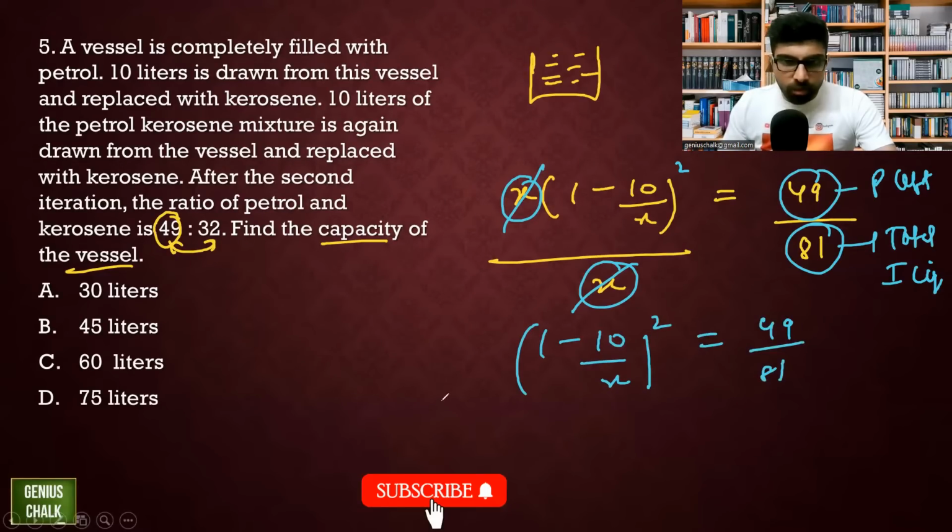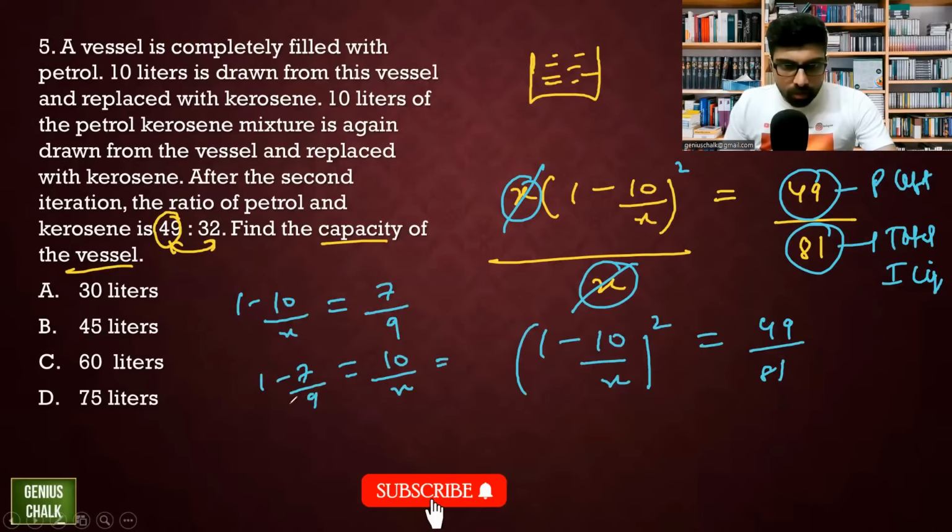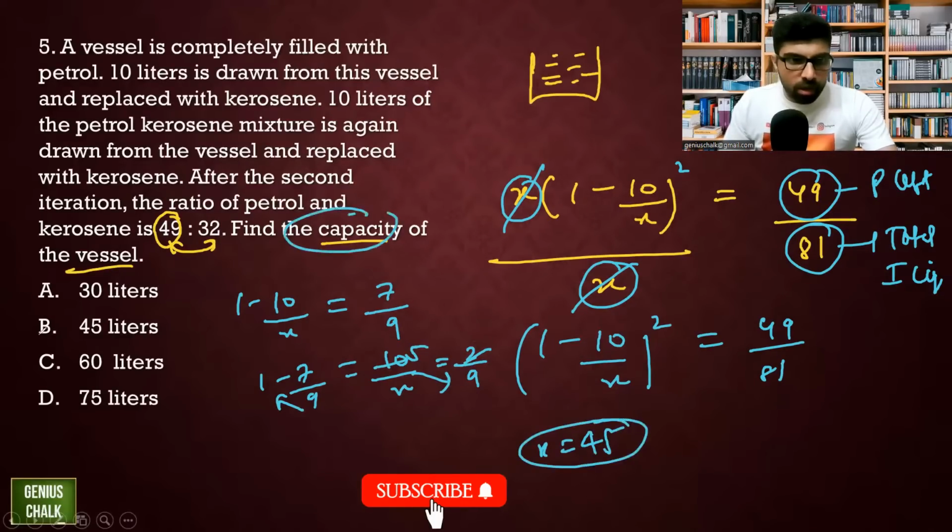You know this is square, so if I eliminate this square, if I put the square root on both sides, this will be 7 by 9. So I can write 10 by x is 1 minus 7 by 9. This is further 9 minus 7, 2 by 9. So 2 5s are 10, 9 5s are 45. So x value is 45 liters, which is option B.